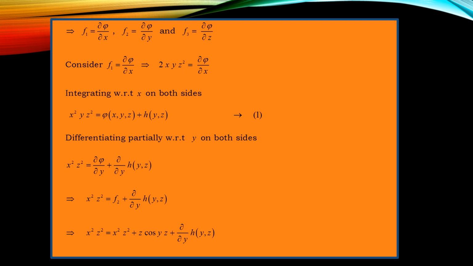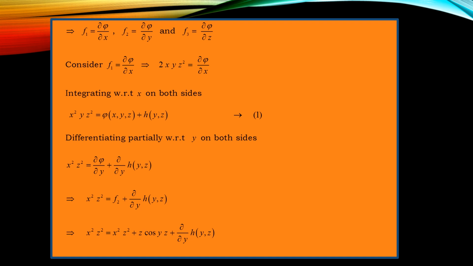Differentiate this equation partially with respect to y on both sides. Then the left hand side of this equation becomes x²z². The right hand side becomes ∂phi/∂y plus ∂h/∂y. All together, equation 1 becomes x²z² equals ∂phi/∂y plus ∂/∂y h of y, z.